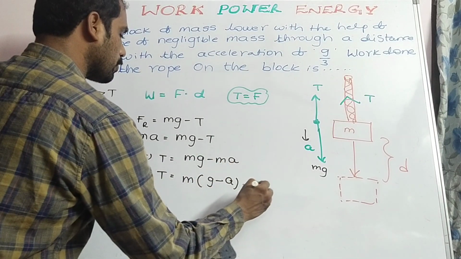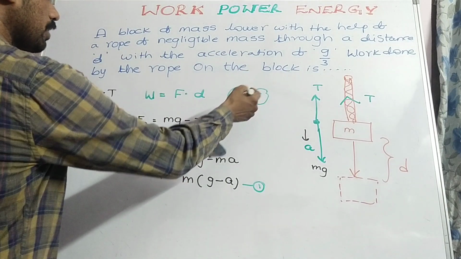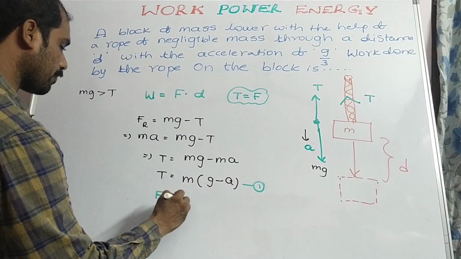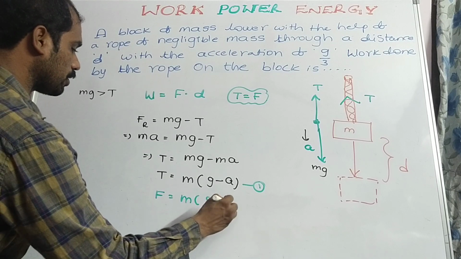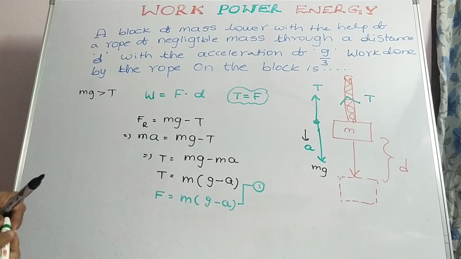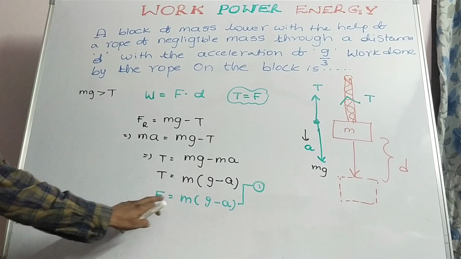This is expression number 1, and we know that T is equal to F. Hence F is equal to m into g minus a.